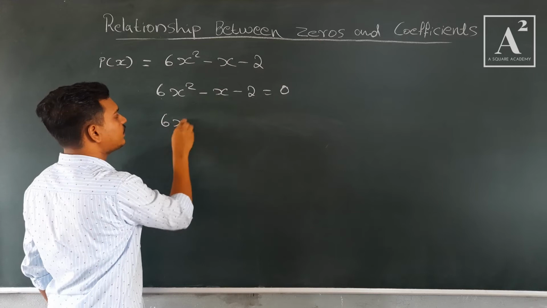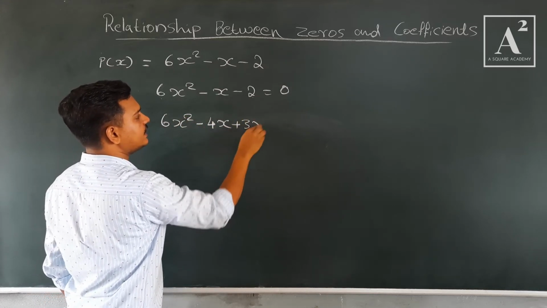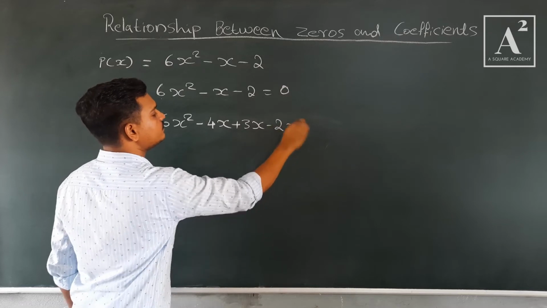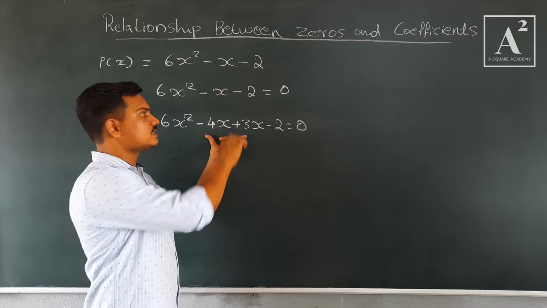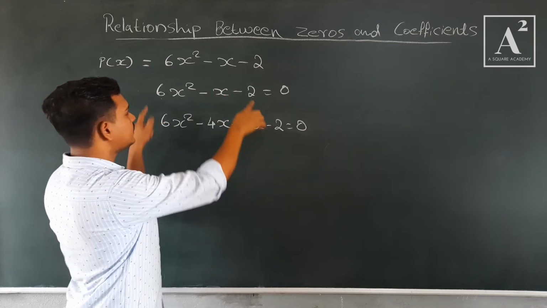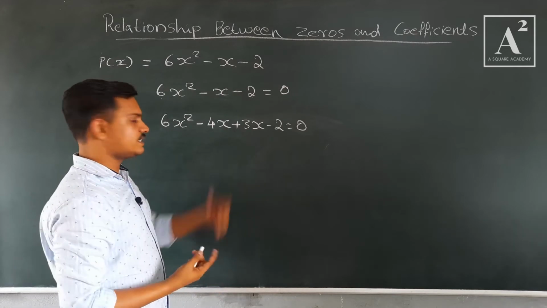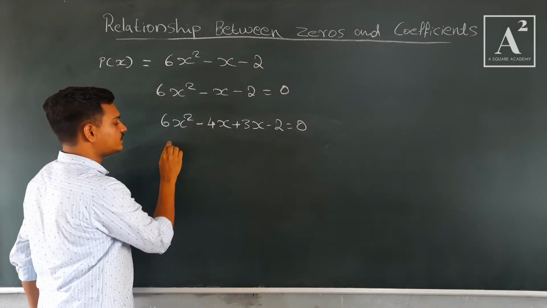So 6x square, let me take minus 4x plus 3x minus 2 is equal to 0. Look at this, minus 4 plus 3 is minus 1. At the same time, 6 into minus 2, the product is the same. There is no change in that. Now let's take the common factor outside. Here the common factor is 2x.